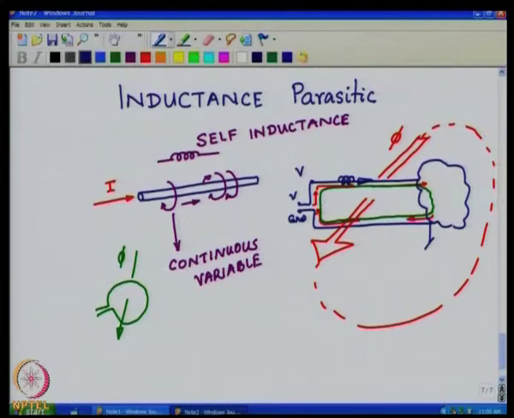It could also be set up by a current flowing in a loop, by a current going in the forward path and return path. This has not only the self inductance because of the current flowing in the conductor, it also produces flux in a manner perpendicular to the face of the coil or the loop.